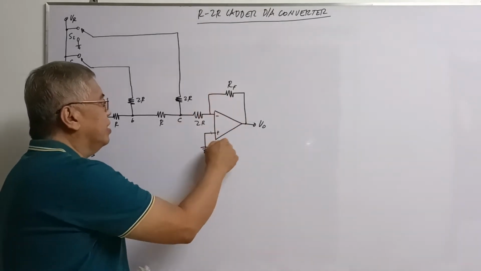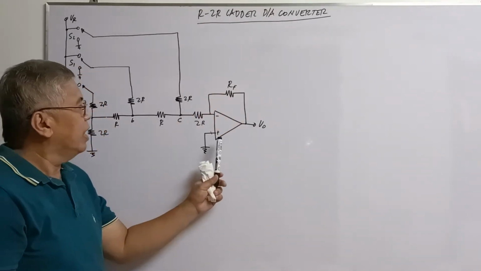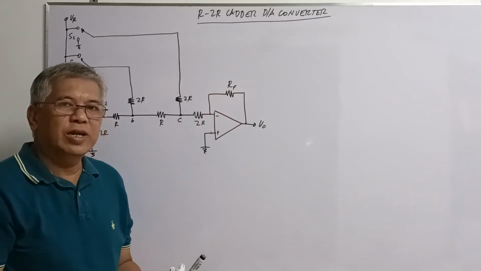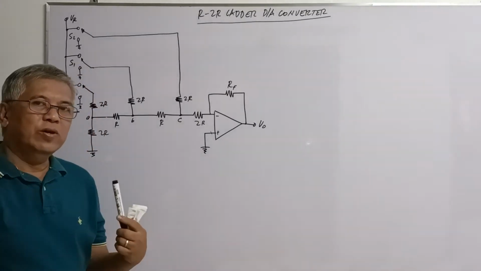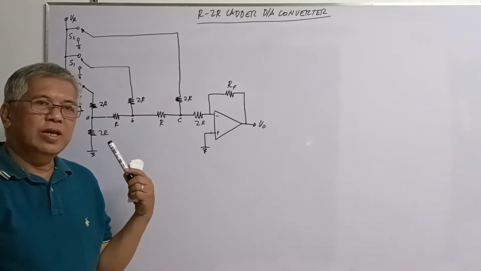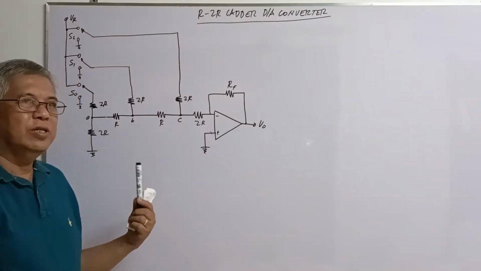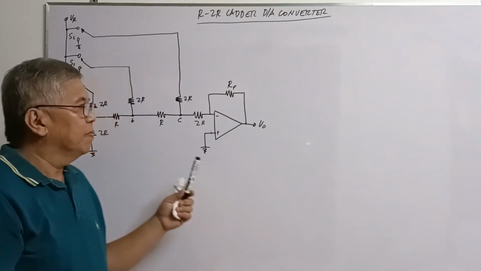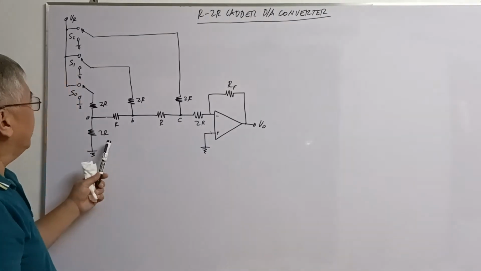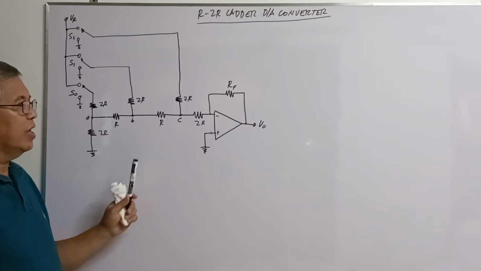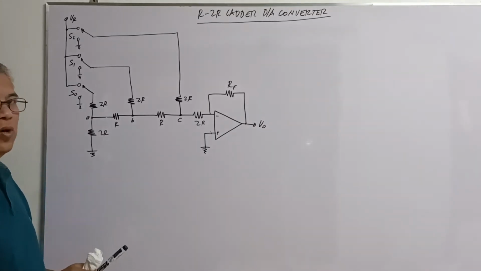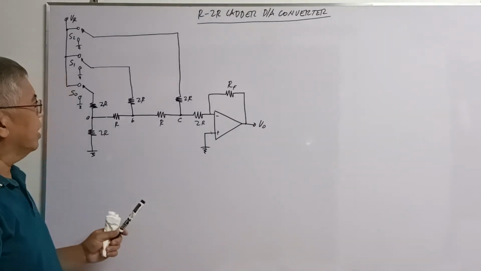Again, we are using an inverting operational amplifier. As we all know, the data coming from your DSP, or digital signal processor, will enter into your digital to analog converter, in this case, the R-to-2R ladder circuit.